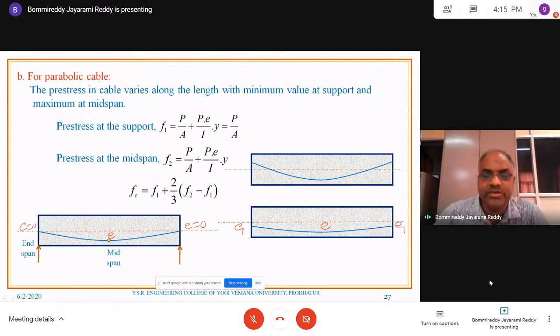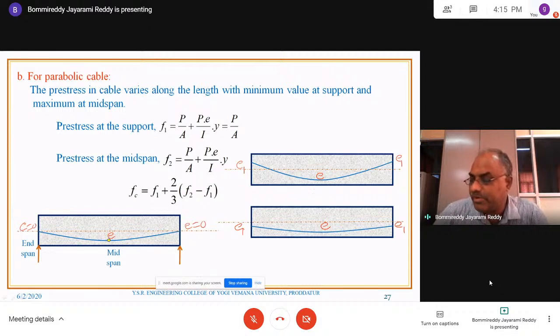E1 are the eccentricities at the ends, and the eccentricity at the middle is E. Sometimes the cable may be parabolic and start above the neutral axis, so here we call it E, and this is E1 and this is E1. That means it is on the other side.